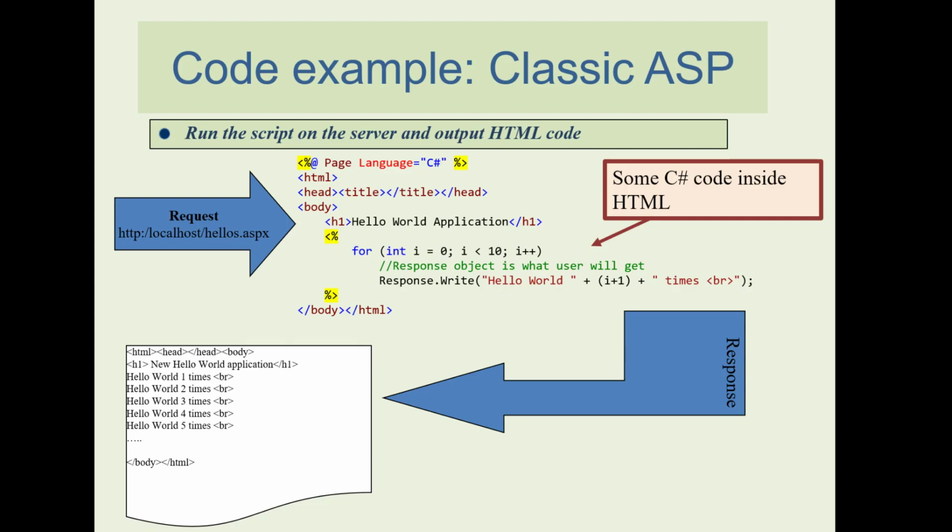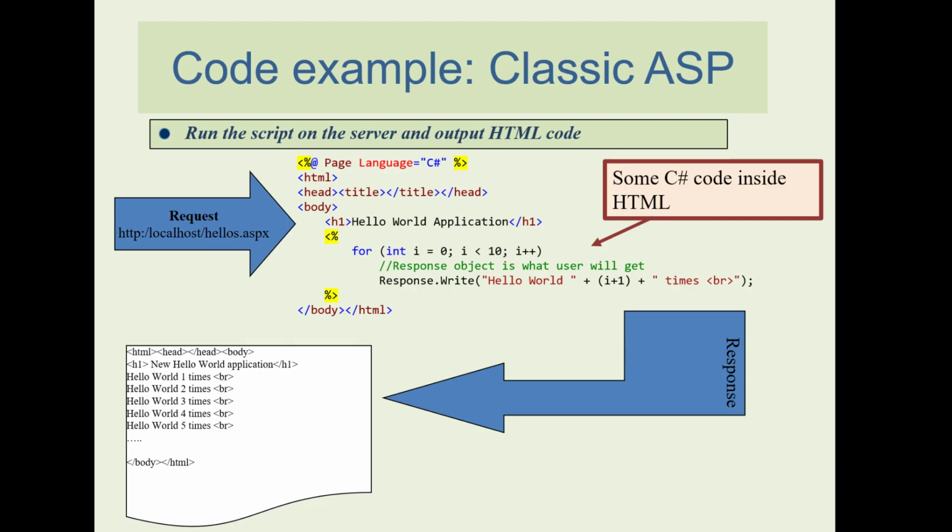Namely, we have the HTML tags, the head and title, body as well, and the header tags h1 as well. But then in between the HTML tags, you can see some code that looks like C# code, which is this for loop you can see here.